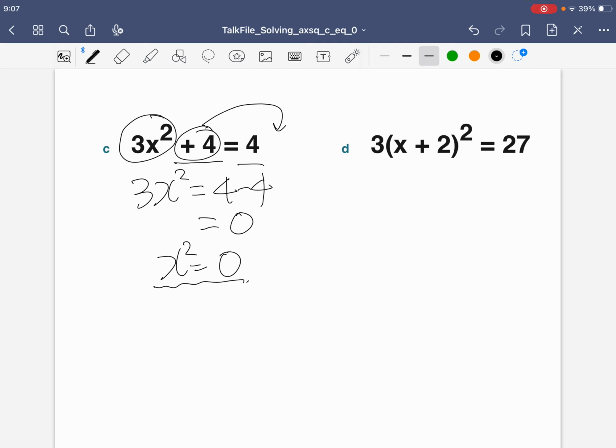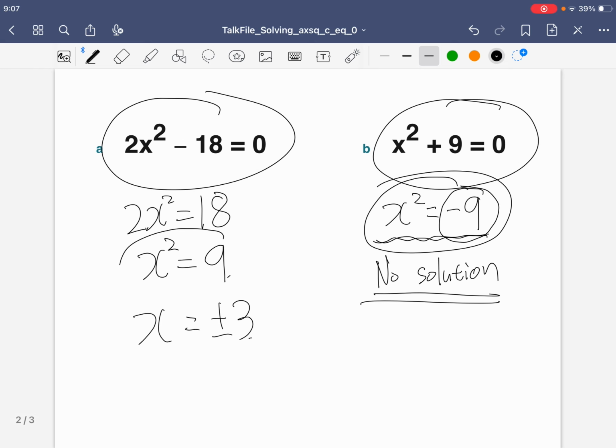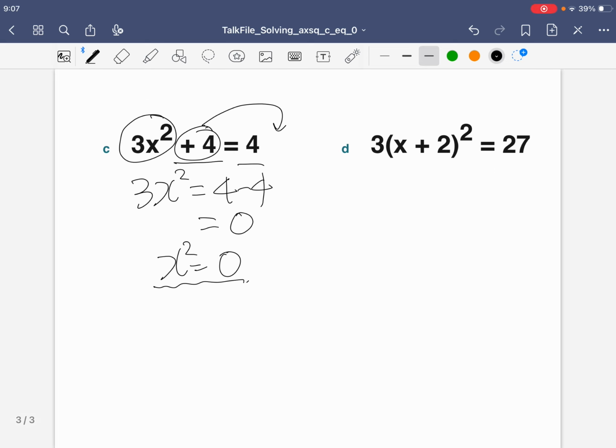This is another special case because when x squared equals 9, we have plus 3 and minus 3, because squaring, like I said, hides the sign. But when you square the number and you get 0, that basically means x can't be plus minus 0. x should be just 0.